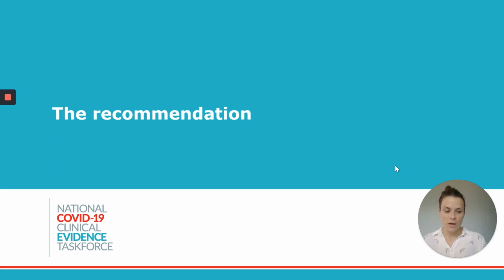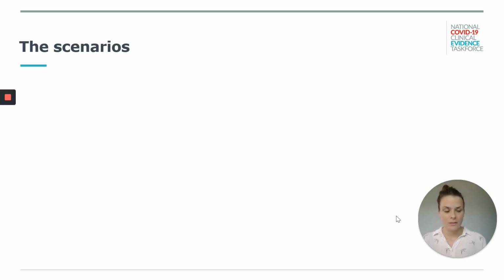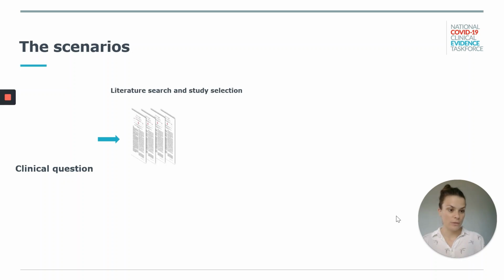In this video, I will talk to you about the recommendation, what types of recommendation there are, and how you can construct one. There are two different scenarios to consider when constructing a recommendation. The first scenario is that you have a clinical question which leads you to search for literature and to select studies.